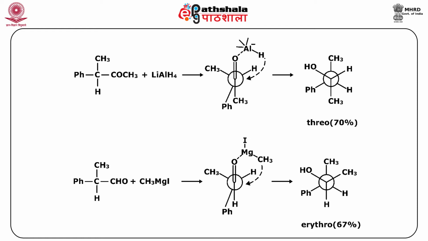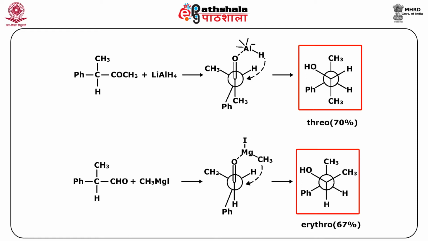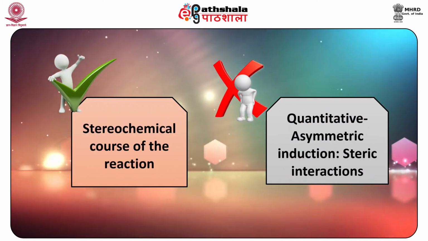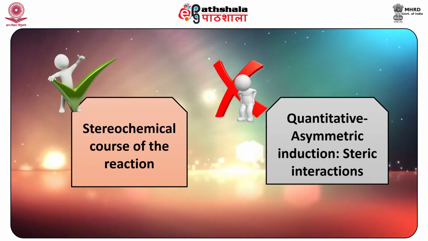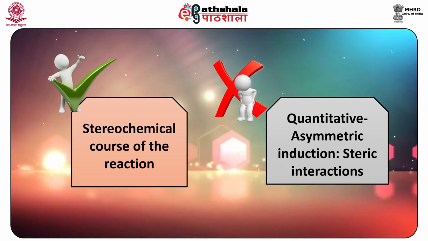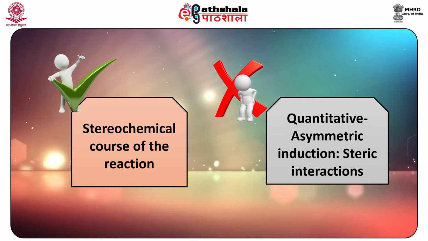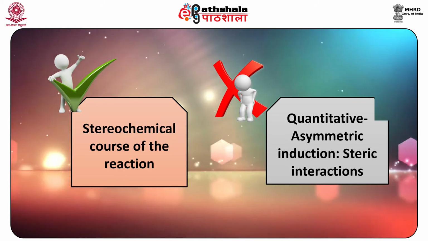It may be noted that although only one enantiomer of the substrate is shown, the rule is equally applicable to the racemic substrate, in which case the products are also racemic. Although the model correctly predicts the stereochemical course of reactions, it often fails to give a quantitative assessment of the asymmetric induction in terms of steric interactions.